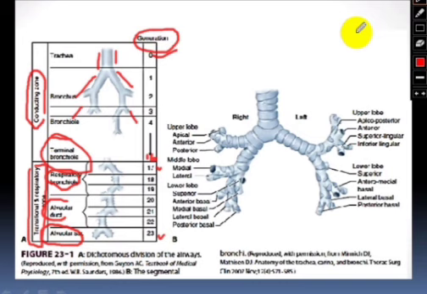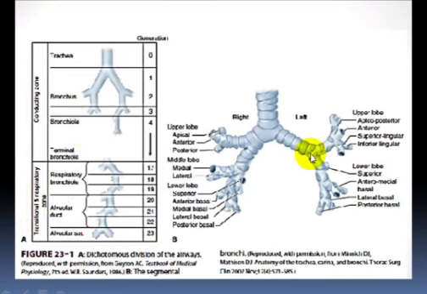So, how that is understood, the whole of this depicts what we know as the tracheobronchial tree. Okay.